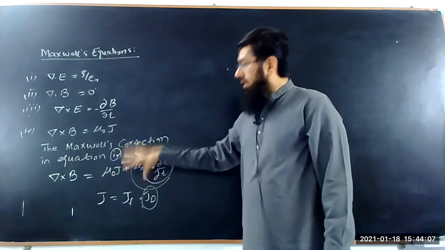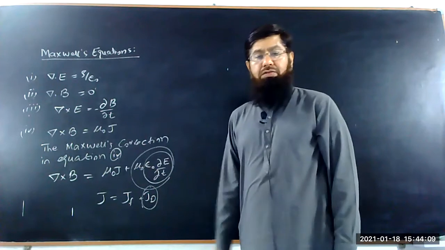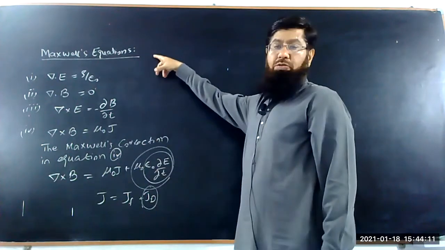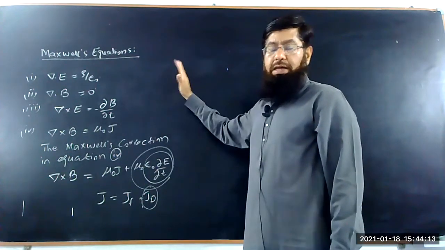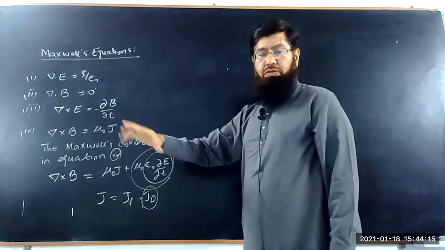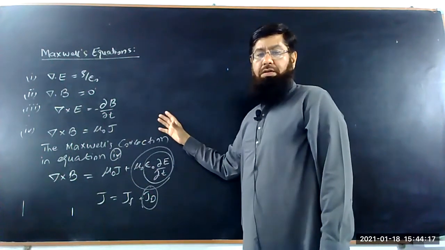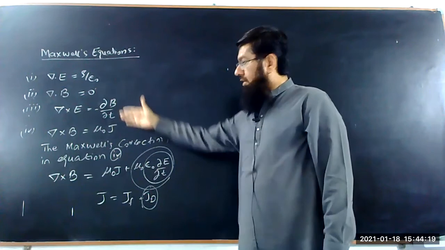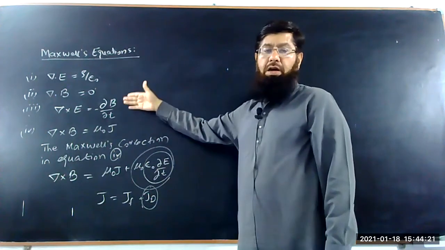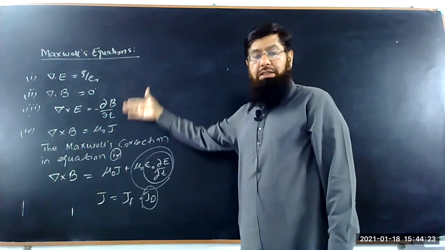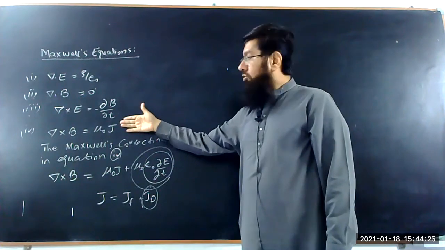Now in this lecture, we have to discuss the Maxwell equations in matter. If the electromagnetic waves pass through matter, then how will these equations vary? What would be the change in these equations of the electromagnetic theory?